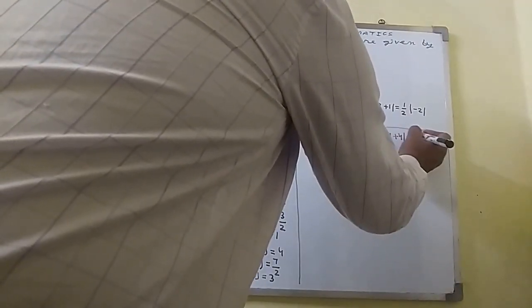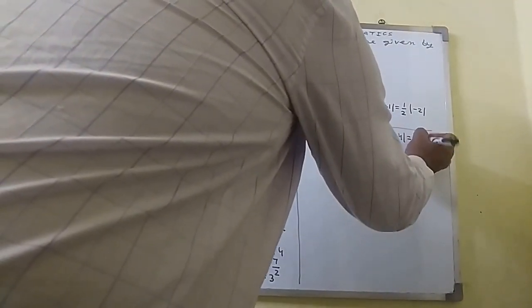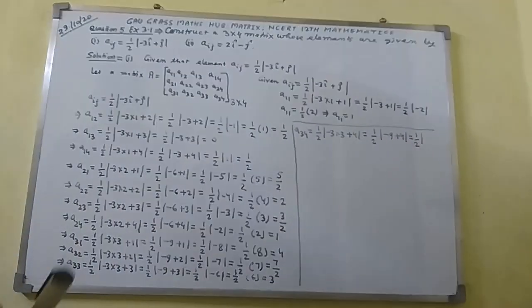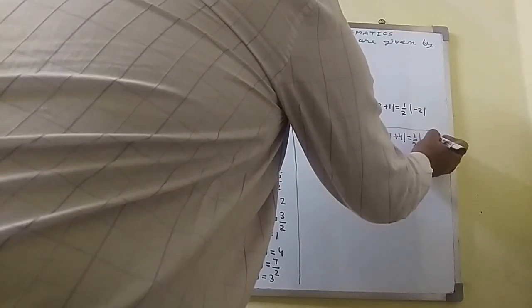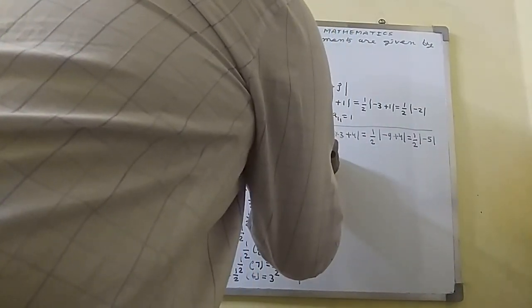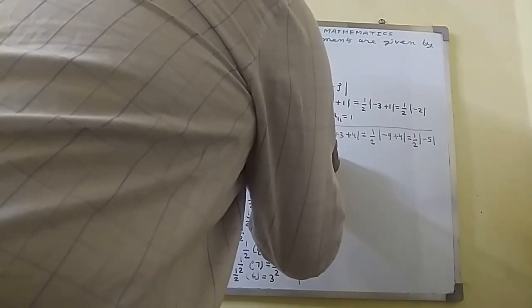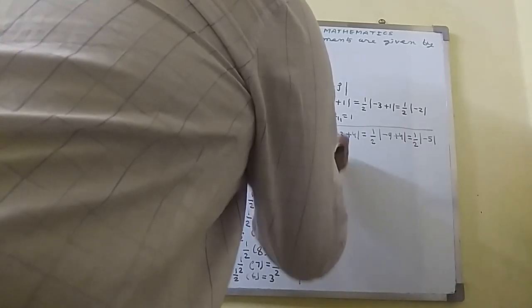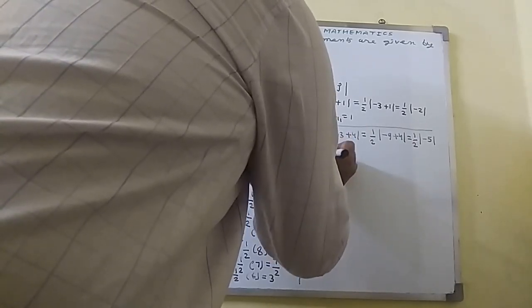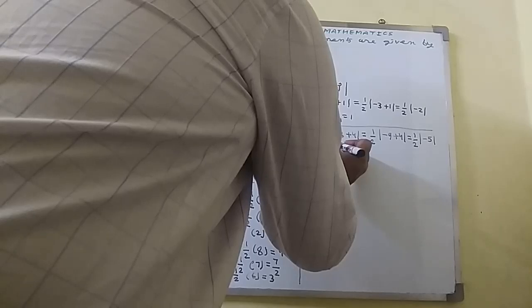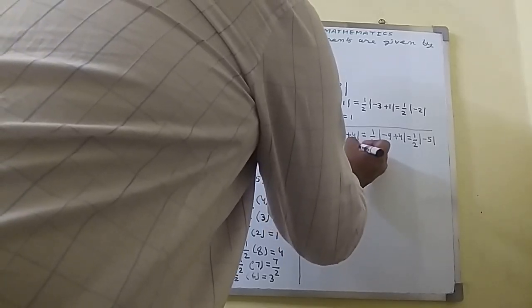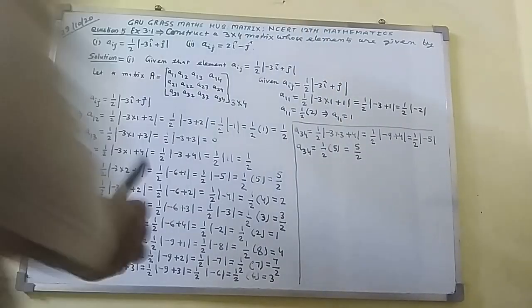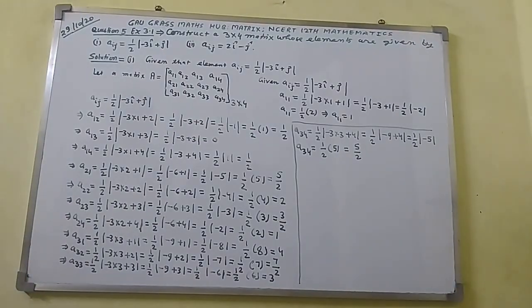Mod, you will get 1 over 2, minus 9 will be added to plus 4, you will get minus 5. So again you have got A input 34 equal to 1 over 2 of 5, we will get easily 5 over 2.